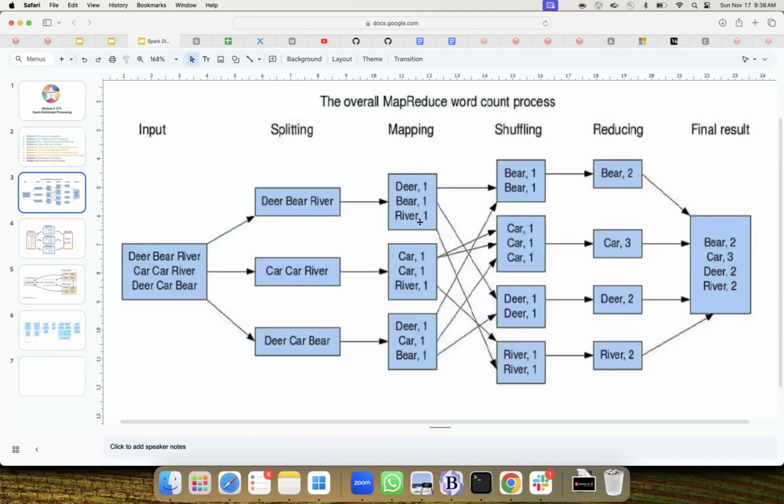This is just to sum, count. So this is just assigning a number 1 that, hey, deer, I have 1 instance of this word, deer. 1 instance of word car, 1 instance of word car. So that when I want to count all cars, I will do 1 plus 1 here. So it will become car 2.